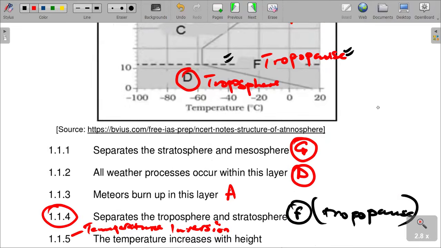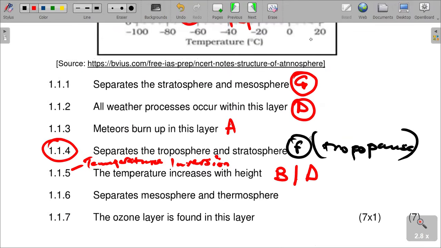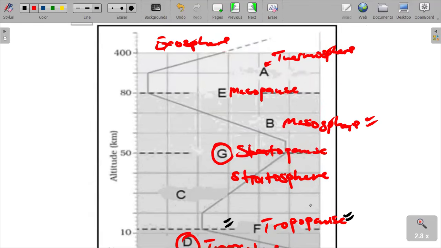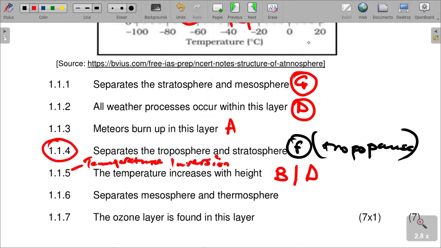So it can be B or D. If you look here, temperature increases with height in the troposphere, and it can also increase with height in the mesosphere. So it can be B or D that shows the increase of temperature with height.